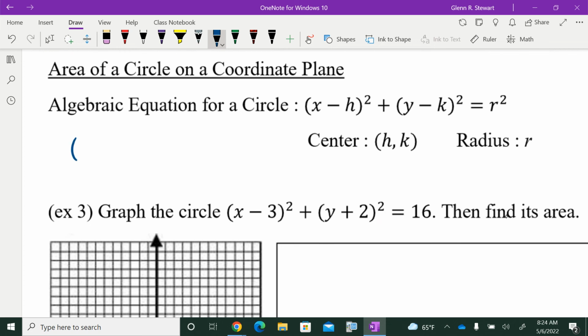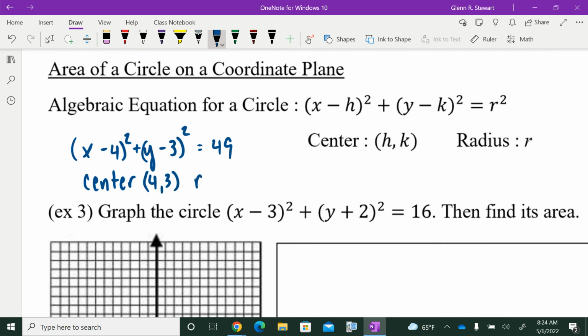If I had x minus 4 squared plus y minus 3 squared equals 49, my center would be 4 comma 3, and my radius would be 7, because 7 squared gives me that 49. You'll see a lot of problems like that whenever they're in this form, but it's not the last time you'll see this, because example number 3 and example number 4, we're going to go over both.